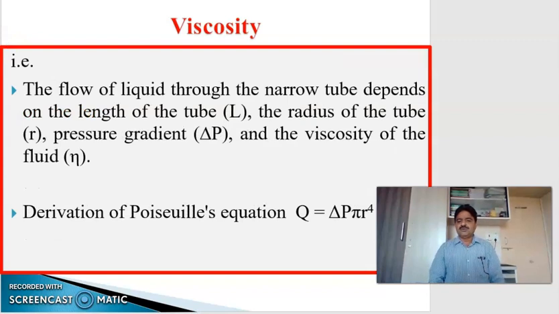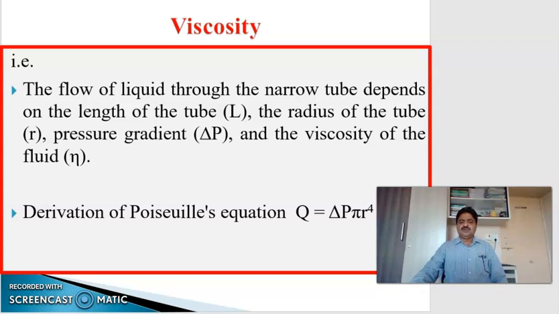The flow of liquid through a narrow tube depends upon the length of the tube, capital L, the radius of the tube, small r, the pressure gradient delta P, and the viscosity of the fluid. So the rate depends upon L, small r, delta P, as well as the viscosity of the liquid.